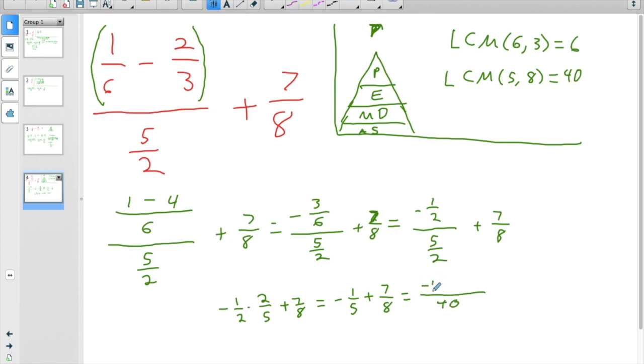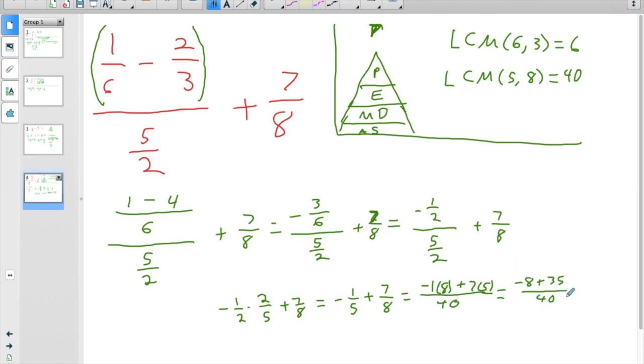So we have negative 1 times 8. And what did we multiply 8 by to get 40? 5. So we have 7 times 5. And this is going to give us negative 8 plus 35 divided by 40.